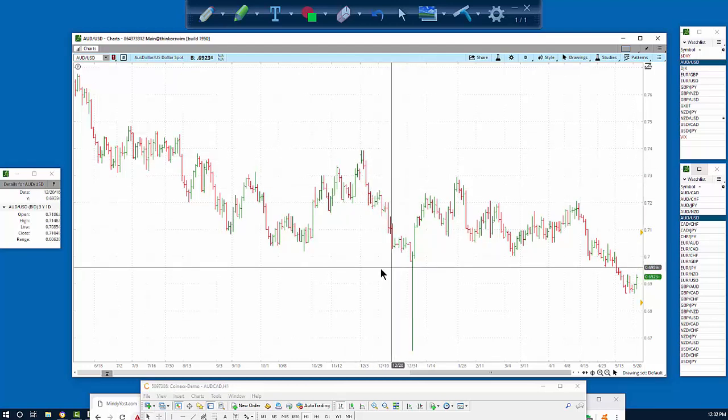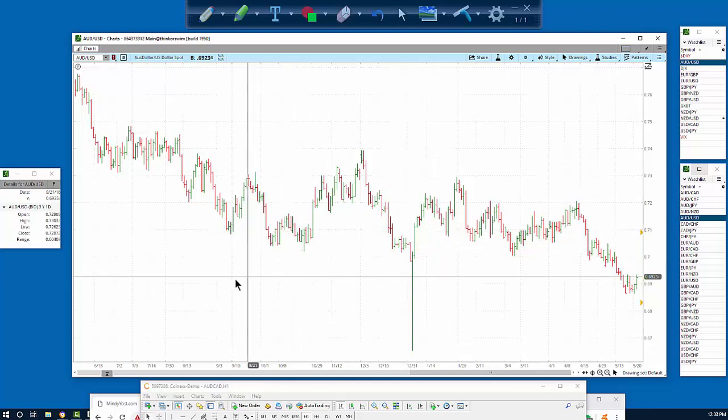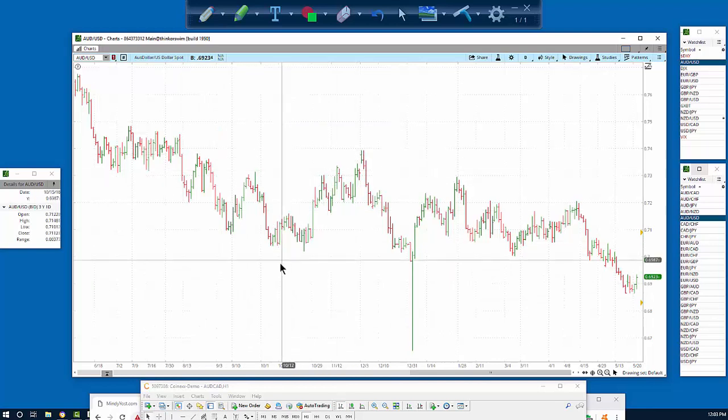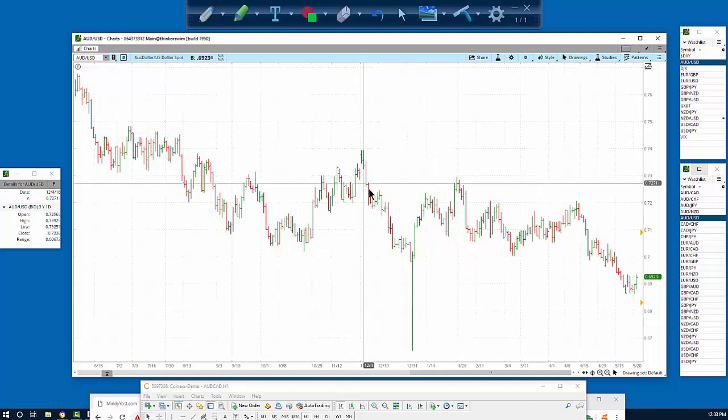Now, the thing is, when Forex prices move, they do not move in a straight line. So the price will go up and down while it's moving up or down. Okay? And this is what makes Forex trading so difficult, right?